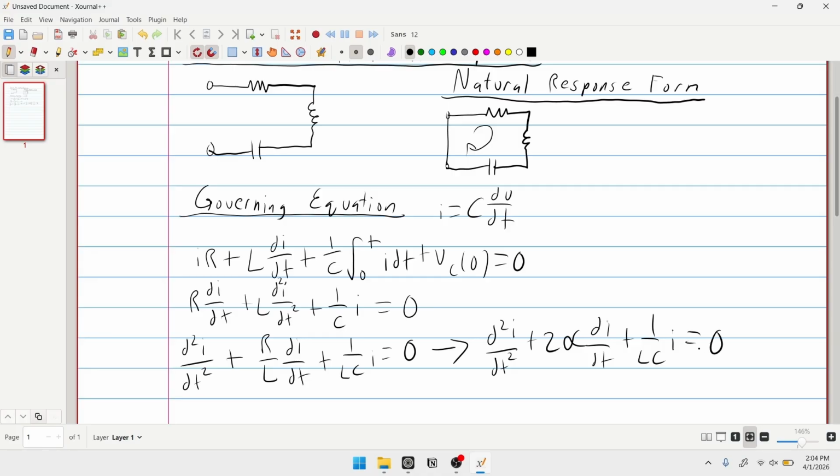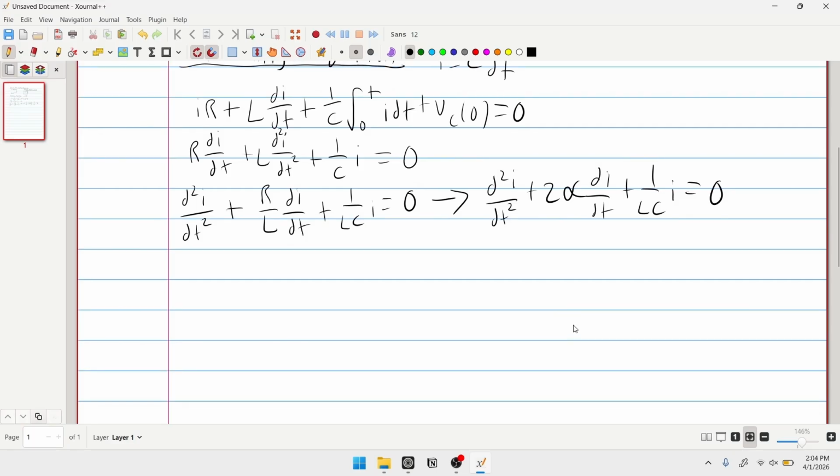So if we solve for our alpha and our omega naught, we see that alpha equals R over 2L, and our omega naught is equal to 1 over square root LC.